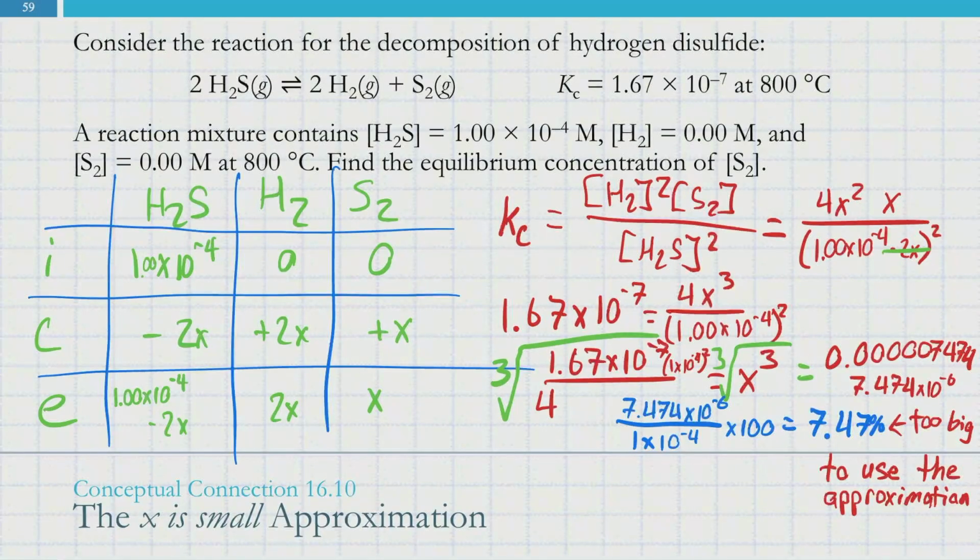Questions about that? How did you get the 7.47%? Because I got something different. Like when I took the cube root. The 7.47% is from the 7.47 times 10 to the -6? Yeah, like when you got the 0.000.